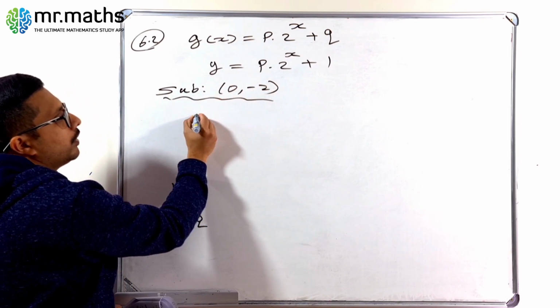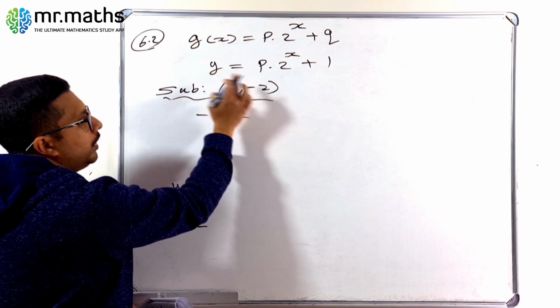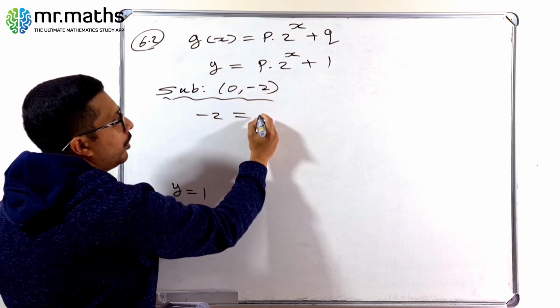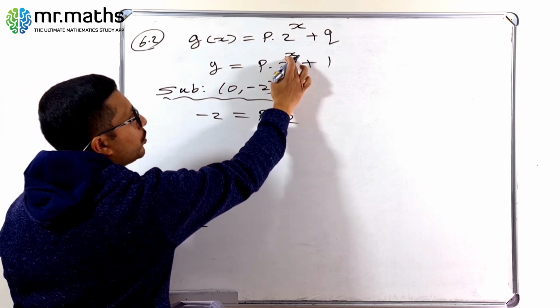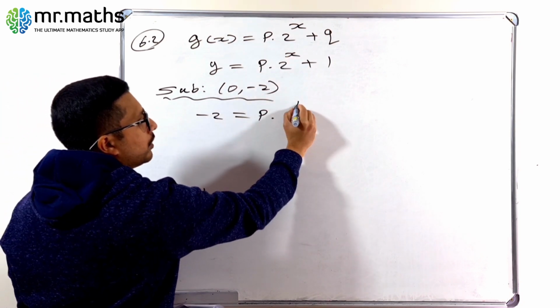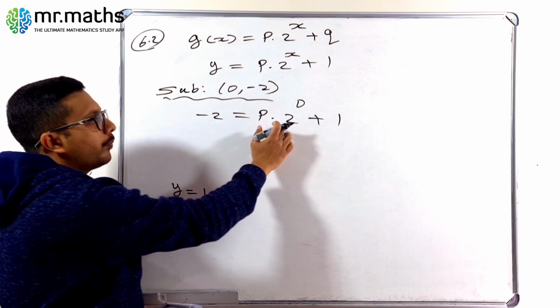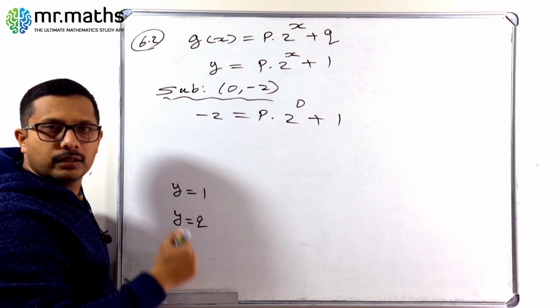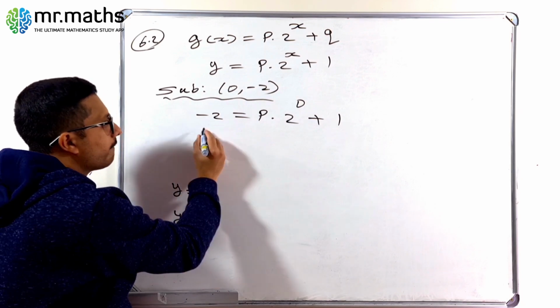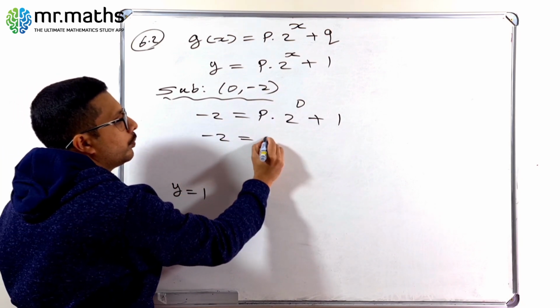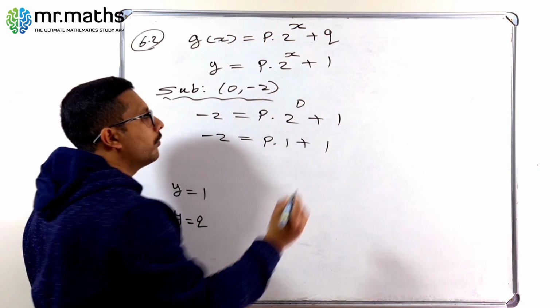So what is that? Minus 2 is equal to y, minus 2 is equal to p into 2 raised to x. What is x? 0, plus 1. Any number raised to 0, what is the answer? It's 1. Am I right? Okay, so that is minus 2 is equal to p into 1 plus 1.